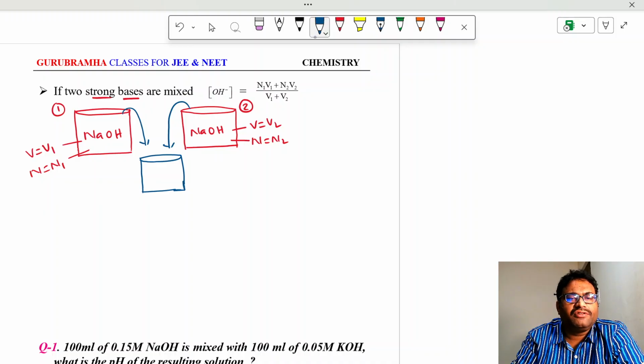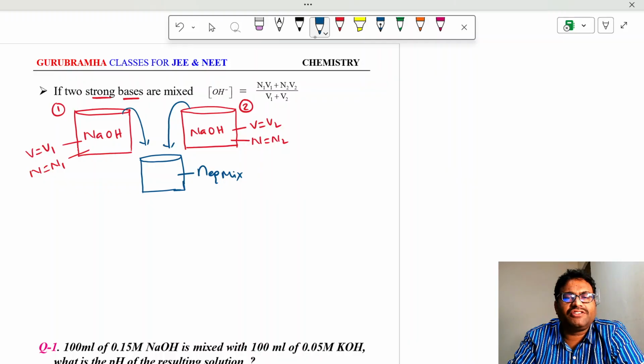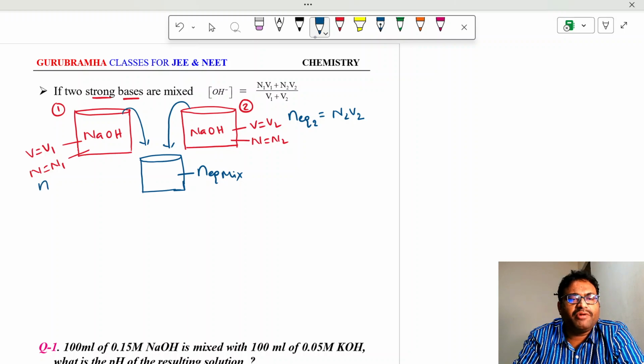What will be the normality of this resulting solution? Number of equivalents 2 is equal to N2 into V2. Number of equivalents 1 will be equal to N1 into V1.